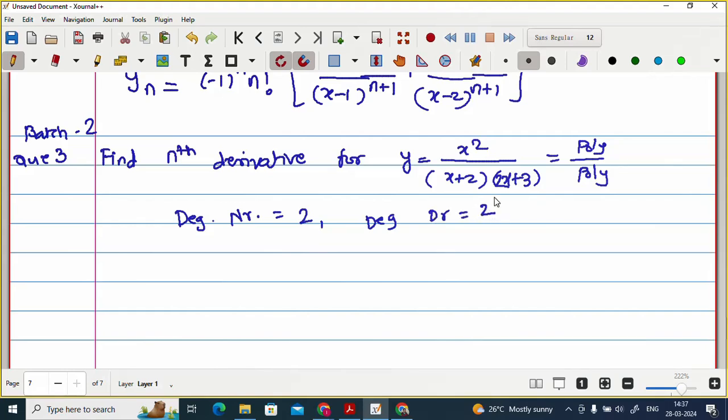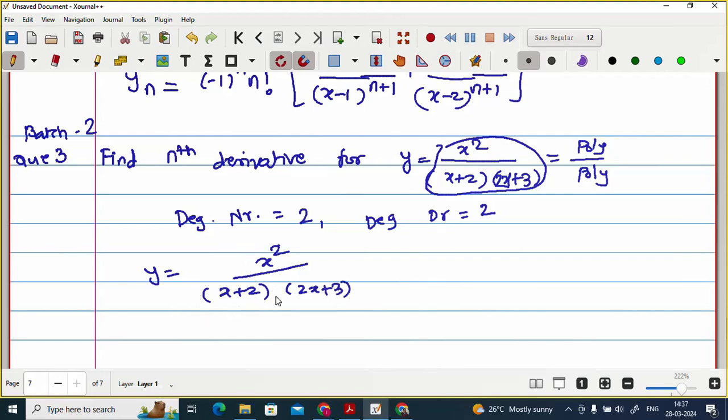So I want the nth derivative of this, for y equal to x square divided by x plus 2 into 2x plus 3.